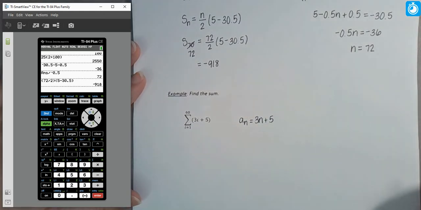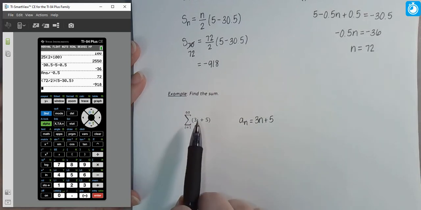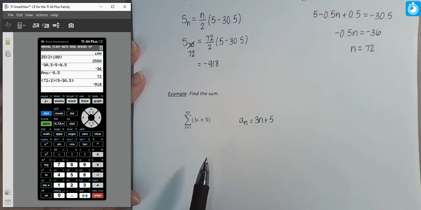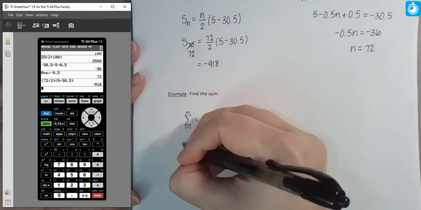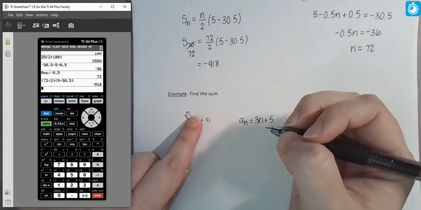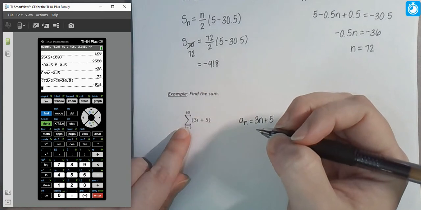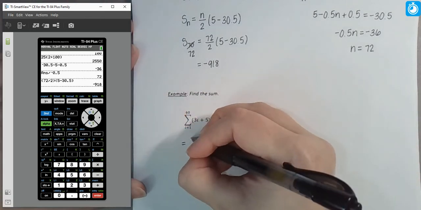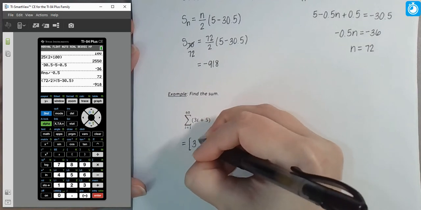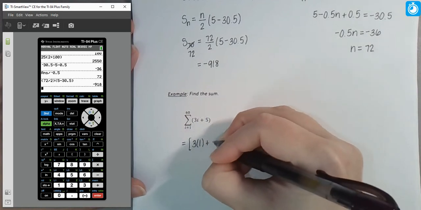Now we've used i instead of n, but the idea is the same. So each individual term is defined by subbing in the term number, multiplying by 3, and then adding 5. So what does this actually represent? Well, it represents taking this formula and subbing in 1, and then 2, and then 3, all the way out to 60. So if we were to try to evaluate this by hand, this is essentially what we're doing.